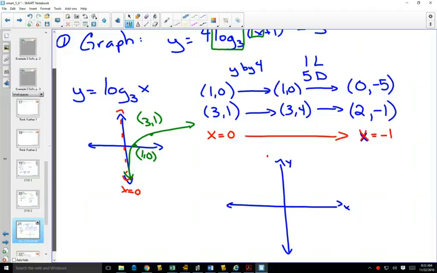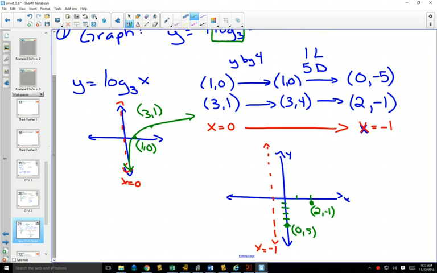Start with your asymptote, x equals -1. Label your points. We have (0, -5) and (2, -1). And remember, if you're making your own graph, it's important to actually label those points so that you indicate that each of these lines that you're drawing is going by 1.